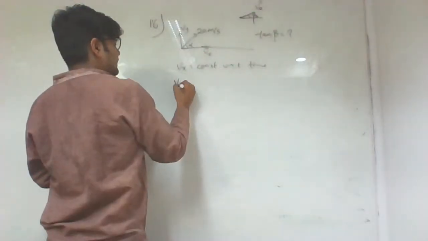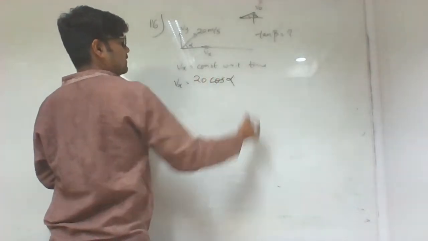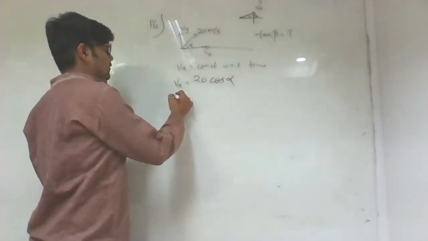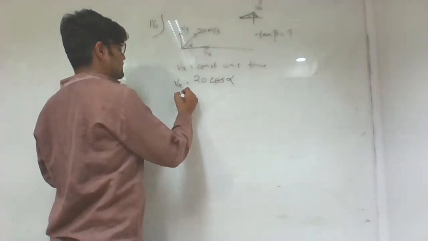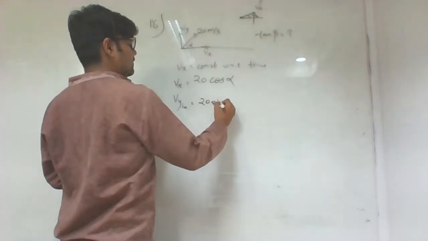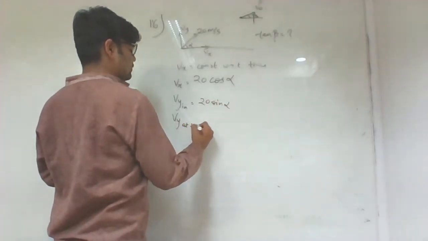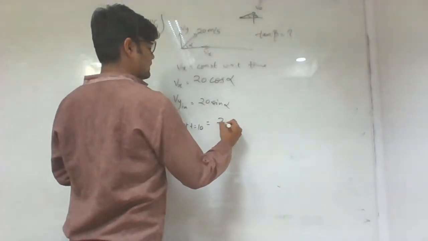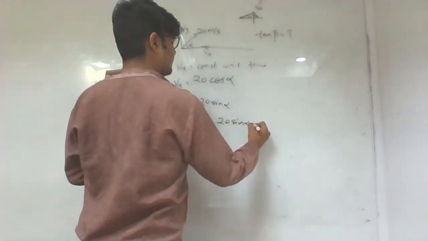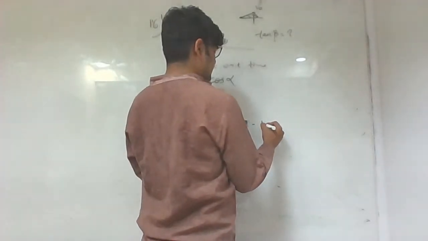Vx will be constant, equal to 20 cos alpha. Vy initial is 20 sine alpha. Vy at t equal to 10 is 20 sine alpha minus gt, which is 100.